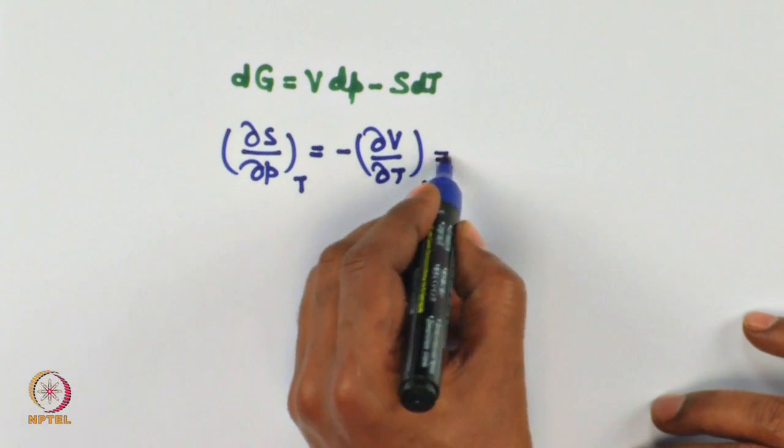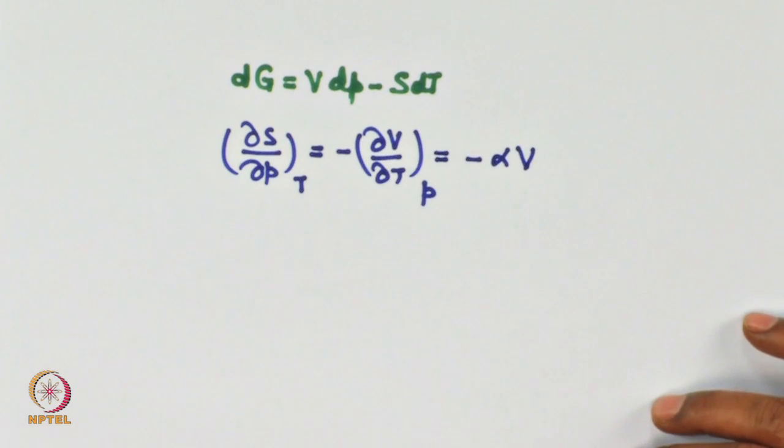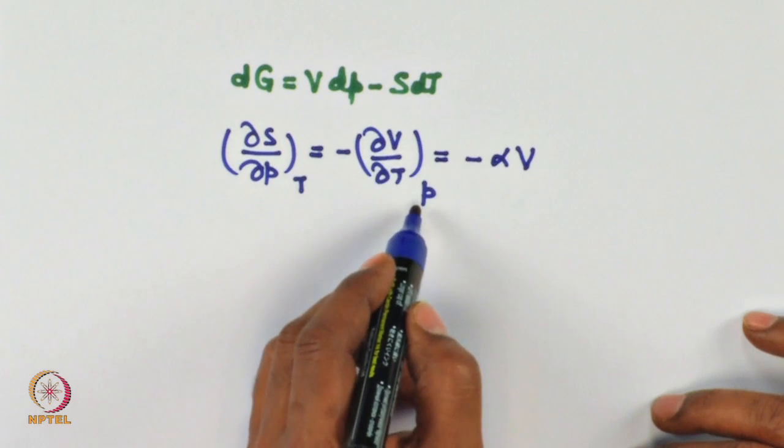And is it not equal to minus alpha times V, because I have already discussed what alpha is? Alpha is 1 over V dou V dou T at constant pressure.